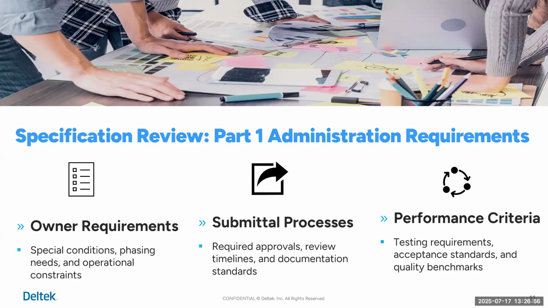There might be certain products where you want to make sure you have maintenance stock or attic stock, so to speak. Or there might be different instructions for different products where the owner might want that as part of their closeout information. See, all these things need to be reviewed ahead of time.